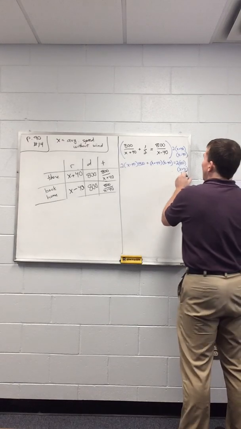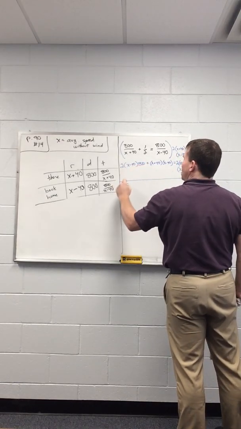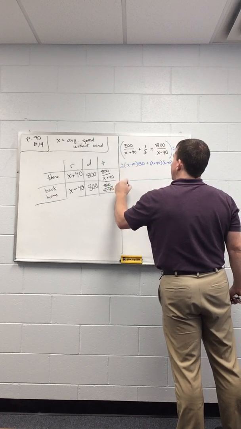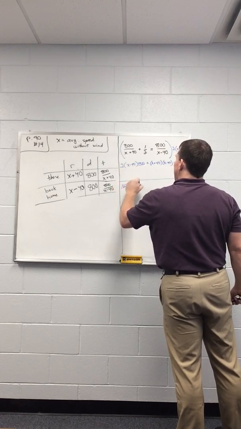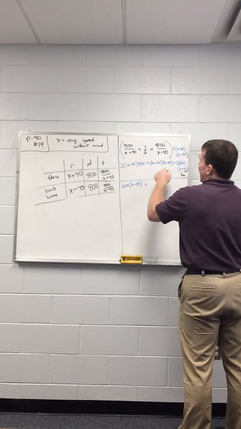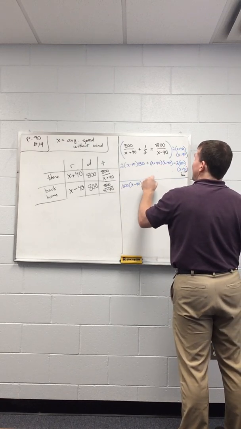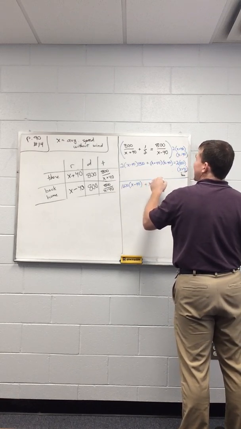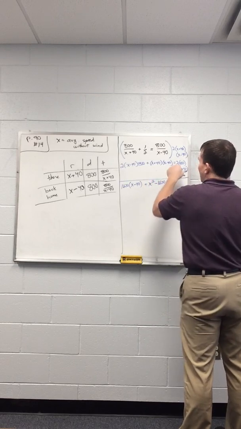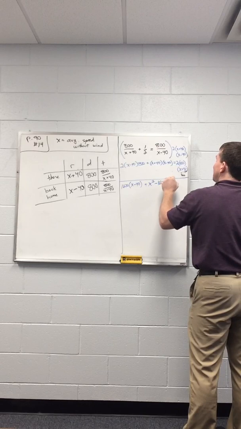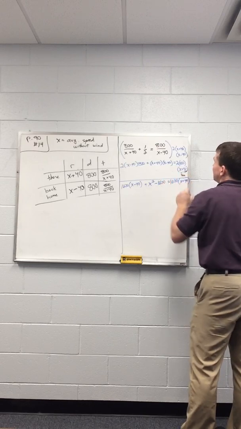And then you'll just have to solve all of this out. So you'll get 2 times 800, 1600 times x minus 40, plus, here that's a difference of squares, x squared minus 40 times 40 is 1600, equals 800 times 2 is 1600, times x plus 40.